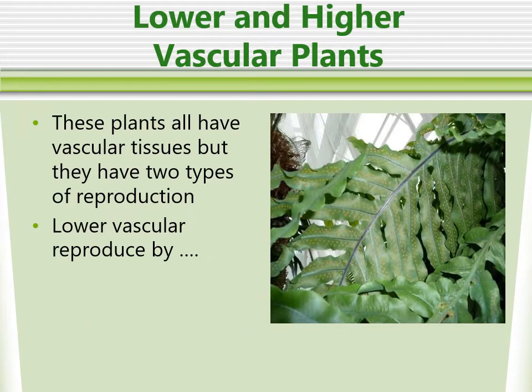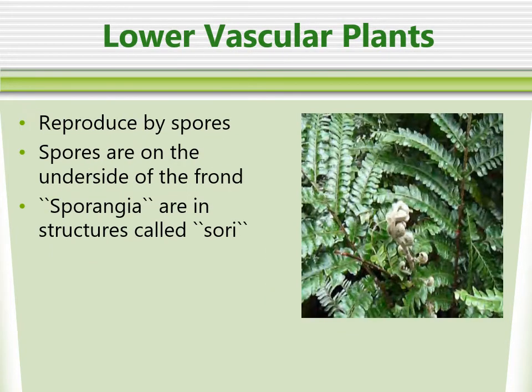So looking at lower vascular plants, they have vascular tissues, but lower and higher plants have different reproduction strategies. Looking at lower, in this picture, you can see already where I'm going. We have ferns, for example. Ferns are ancient lower plants, and we see them down in the bottom of coal mines as they're fossilized in the coal.